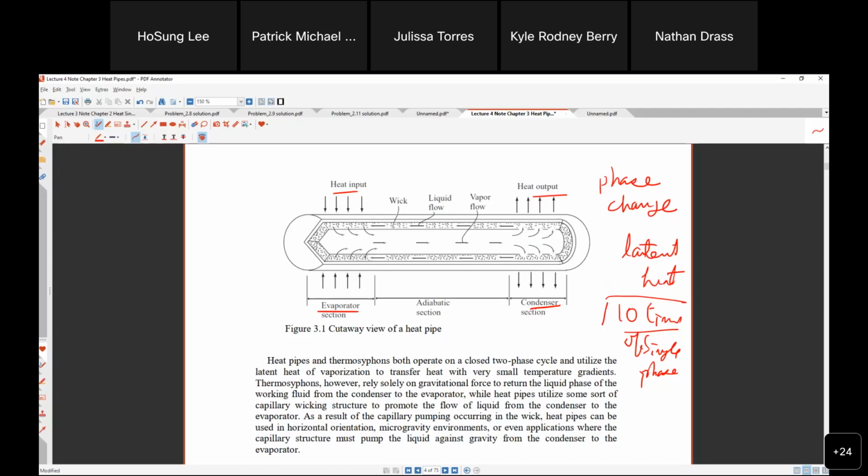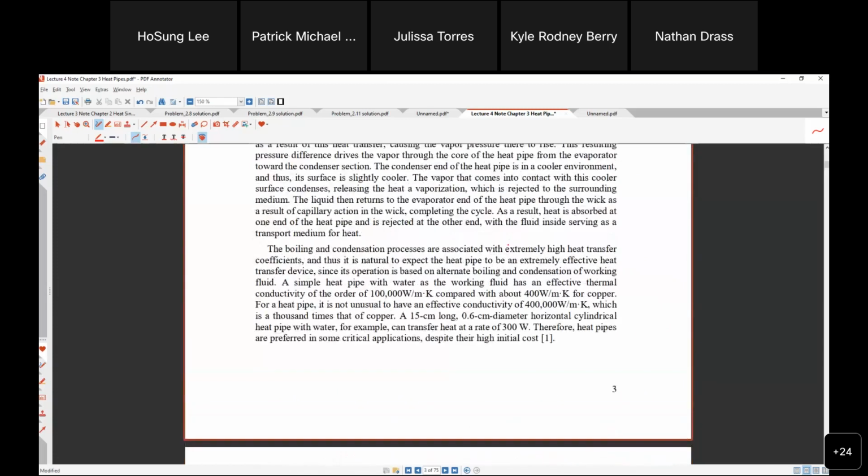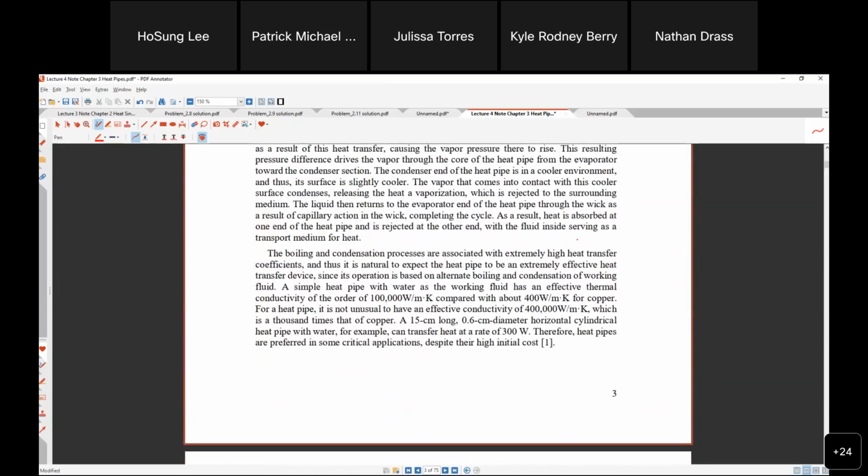Small, but very high heat flow. So it's very useful where we need high heat transfer, much higher than copper. Copper has the highest thermal conductivity, but it turns out the thermal conductivity of Cu, copper, is about 400.